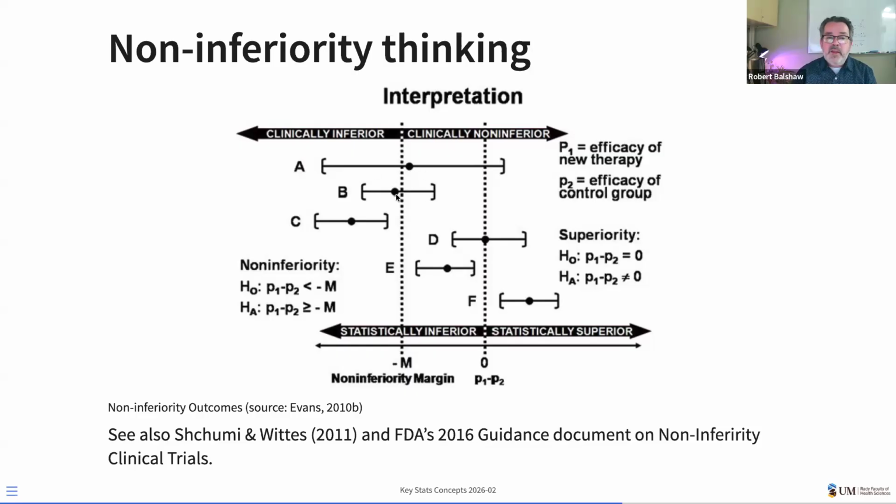And if the point estimate happens to be on the left-hand side of the non-inferiority margin, but the confidence interval still permits that it's quite reasonable to say that the effect could be in the non-inferiority region, then we would need to say that clinical non-inferiority has not been established. Only in the case of the entire confidence interval being to the left of the non-inferiority margin would we say that we have demonstrated non-inferiority in this outcome.